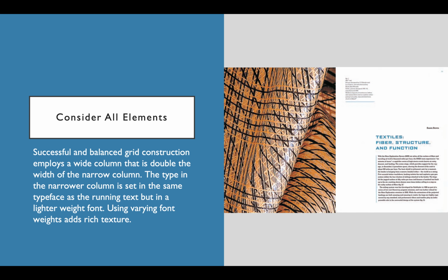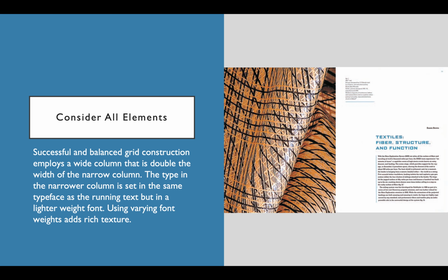If you successfully balance your grid here, then we can have weight given to different information. In this case, we've got this narrow column, and then we've got a wider column, which is twice the width of the smaller column that has the caption. So there's balance in terms of, we understand that one is 1/3 the size, or it's half the size of the other piece that's 2/3.